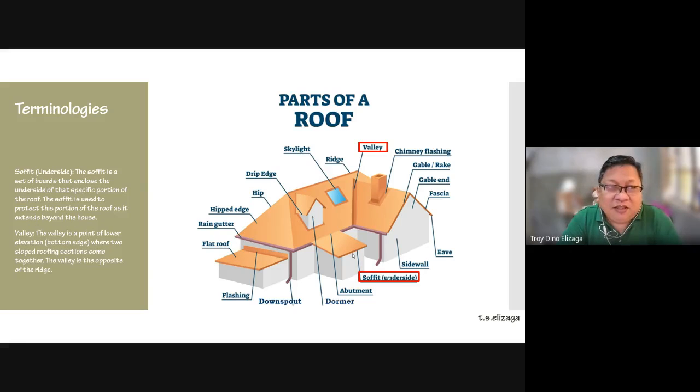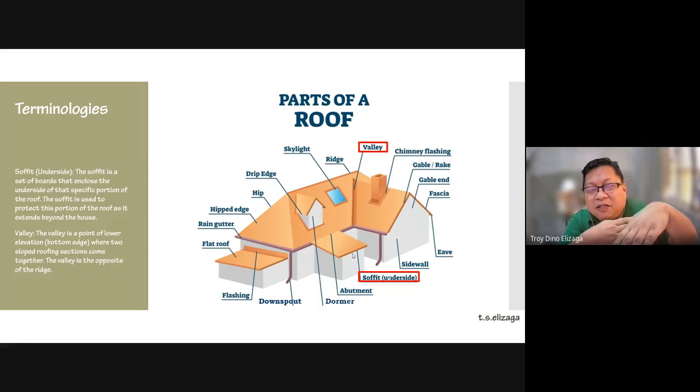Soffit is a set of boards that enclose the underside of that specific portion of the roof. The soffit is used to protect this portion of the roof as it extends beyond the house. Normally, the soffit applies to the eaves. So the eaves, I mentioned to you that, well, it's a projection from the wall, no?